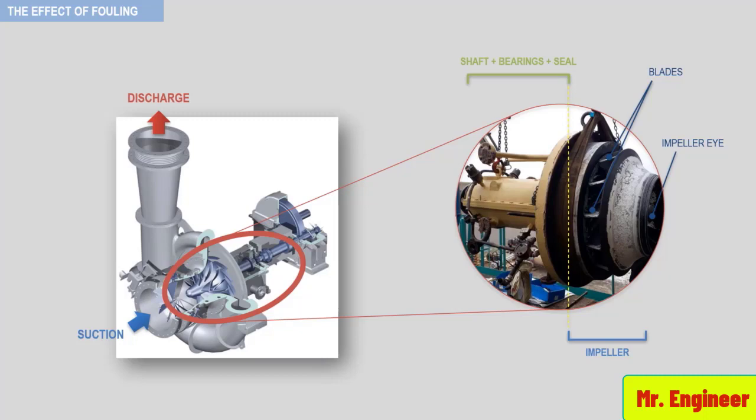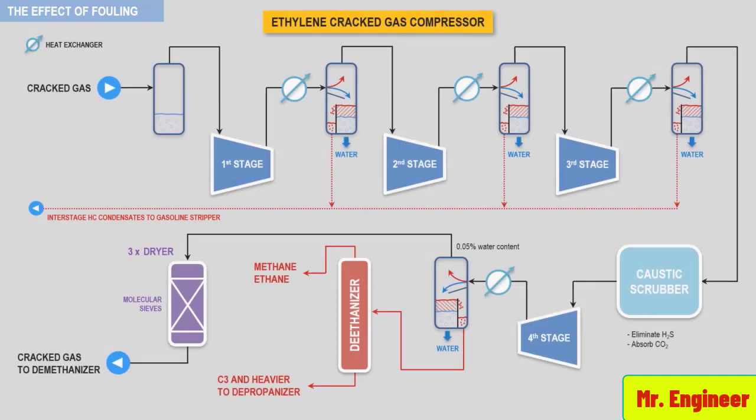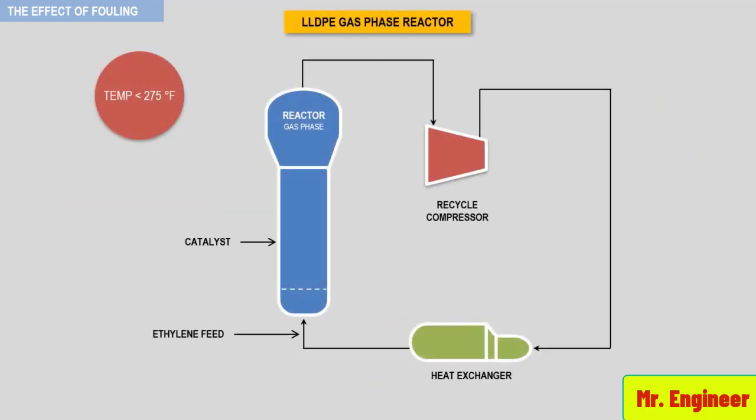In other chemical processes, a slight change in operating conditions can cause polymers to be formed that will stick firmly to the impeller passages. As an example, polymerization can occur in ethylene plant cracked gas compressors, as depicted here. They can also occur in linear low-density polyethylene recycle compressors.